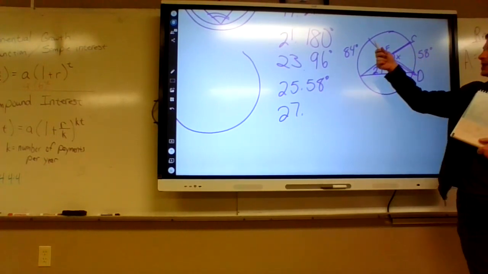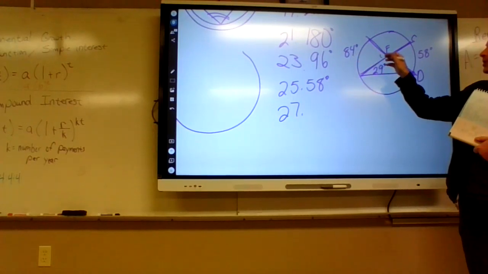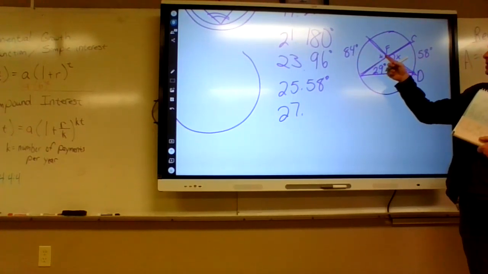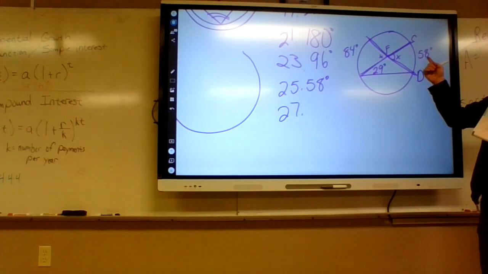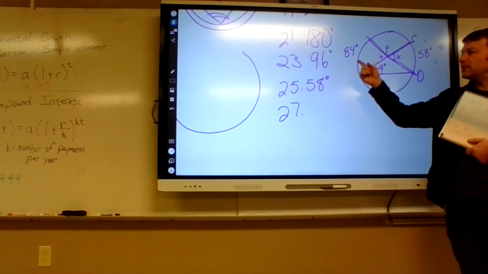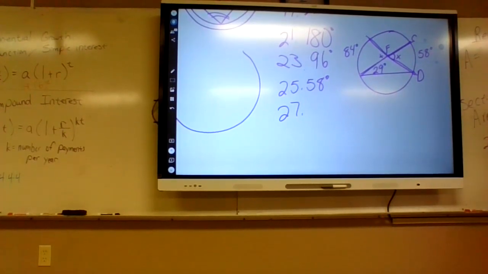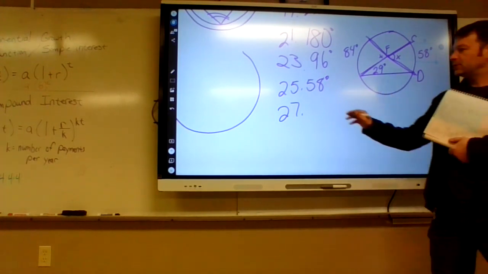And on the other side, it intercepts the 84 degrees. These are both angle X, right? These are the same thing. You add them together and divide by 2. So what is 84 plus 58 divided by 2? 71 degrees.